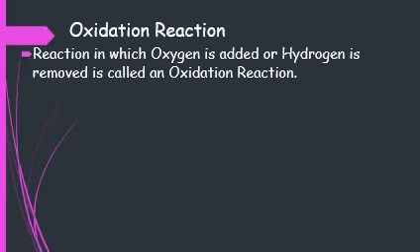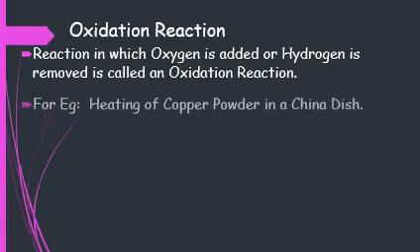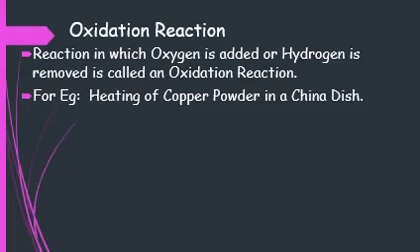Reaction in which oxygen is added or hydrogen is removed is called an oxidation reaction. For example, heating of copper powder in a china dish. So you can see in the reaction over here, copper, when it is heated in the presence of oxygen, is going to give us copper oxide.